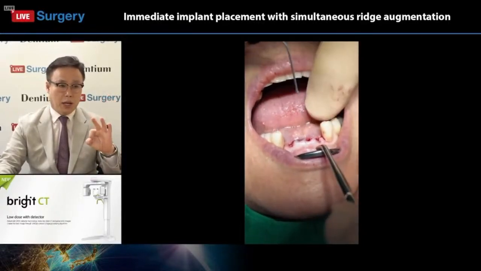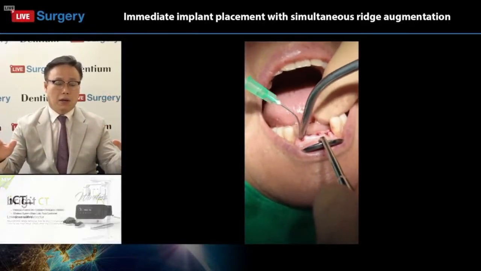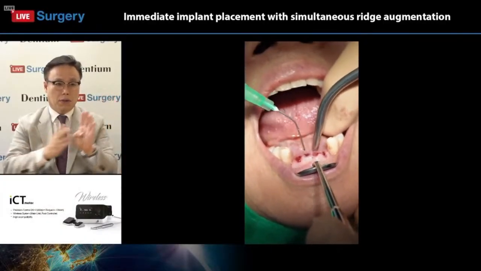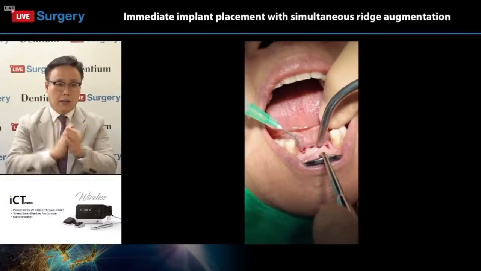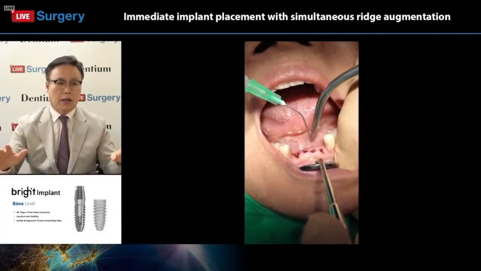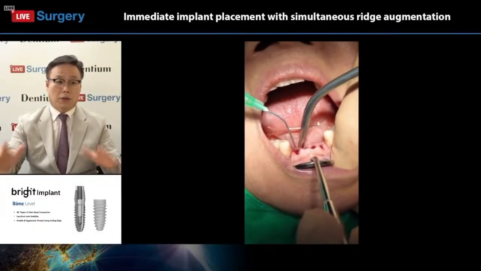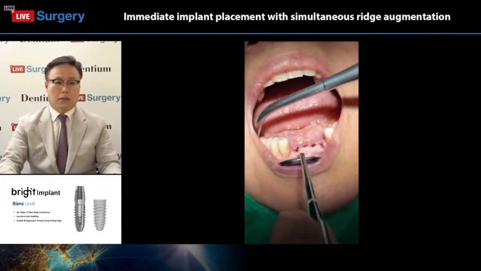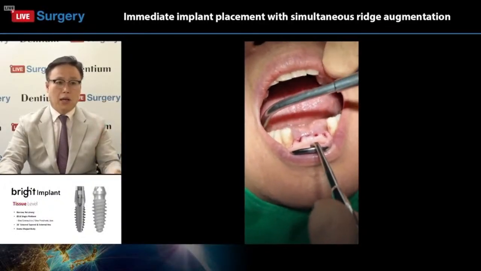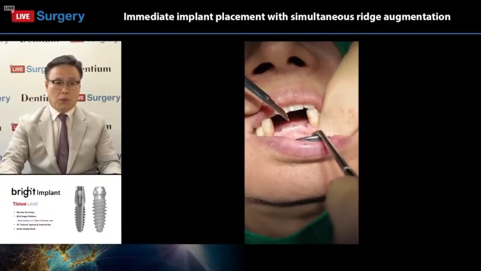I think once 3 sequences are done, there's no more chance. So first Lindemann drill, second Lindemann drill, and final drill. That's it. There's no chance for correcting the position or angulation of the implant. So it's very different. First drilling is very important.